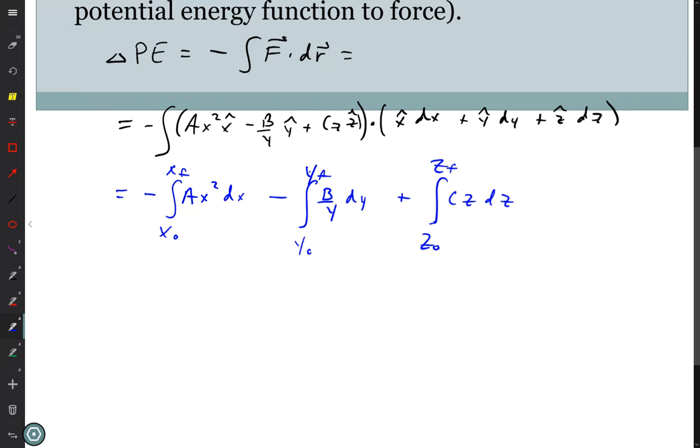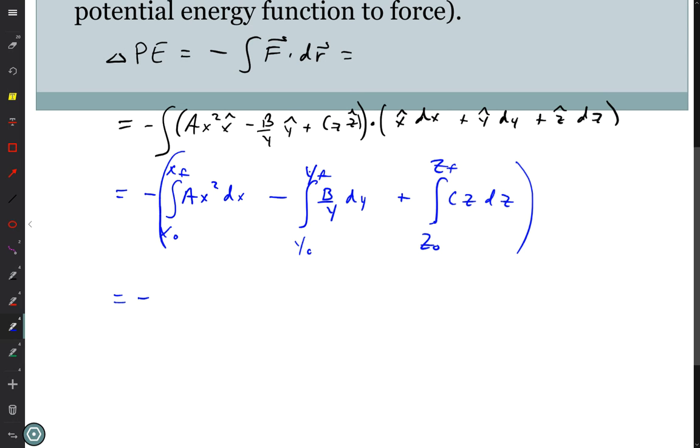What's the integral of ax squared dx? Okay, ax cubed over 3. Notice I just realized that I forgot to bring my minus sign through, so I put the parenthesis there so the minus sign goes through now.